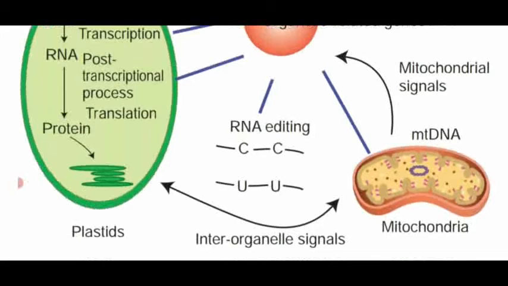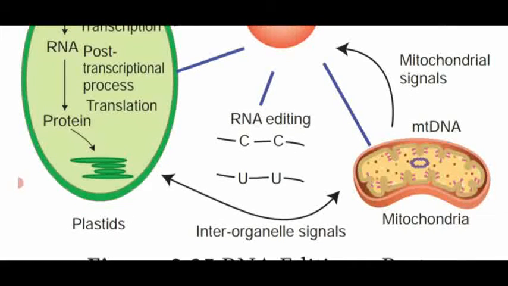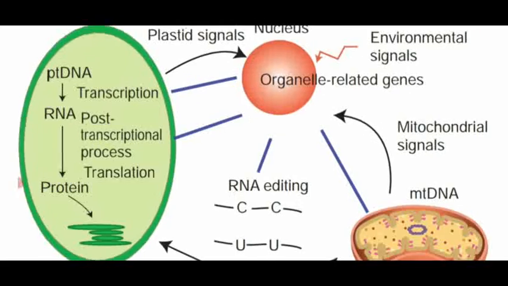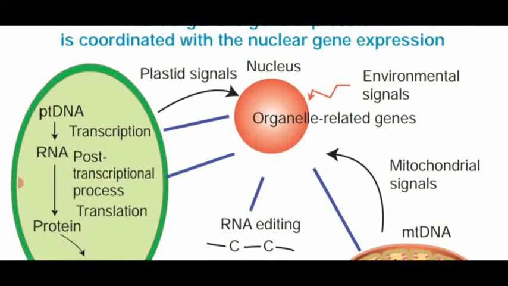Okay. Then see the mitochondria. Mitochondria also contain DNA, that is transfer DNA, mtDNA. So this also transfers the protein produced in the mitochondria to the nucleus. Likewise, the chloroplast also gives a signal to the nucleus to transport the protein produced in the mitochondria.